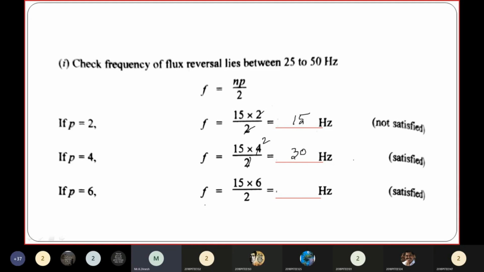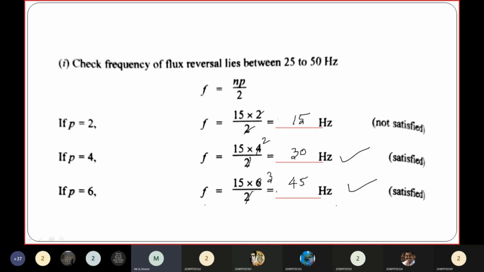So it is satisfied, because it is within 25 to 50. Next, when P equal to 6, F is equal to 15 into 6 by 2, so 15 threes are 45. So here, P equal to 4 is satisfied and P equal to 6 is also satisfied.